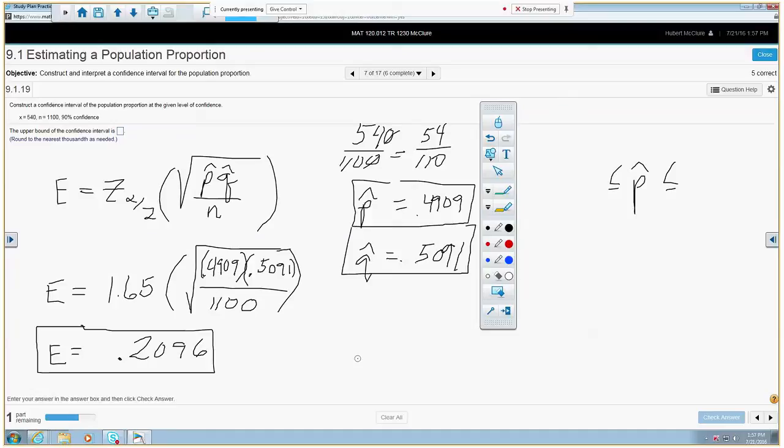Yes, we're at step 42. All right, so let's figure our confidence interval. Somebody take .4904 and add .2096 to it.